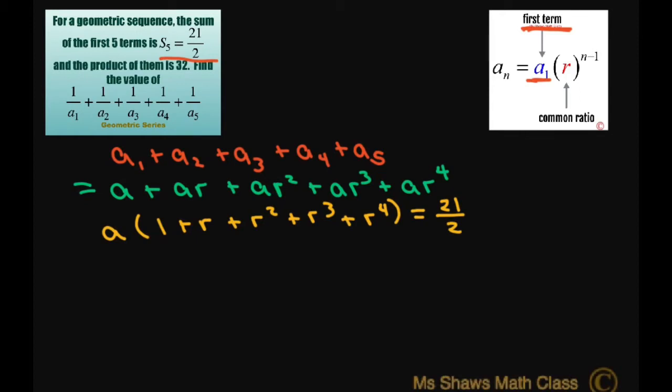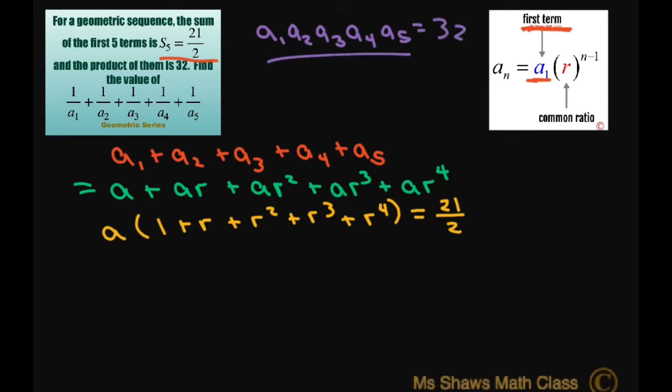We know the product of the first 5 terms: A sub 1 times A sub 2 times A sub 3 times A sub 4 times A sub 5 equals 32. Now I'm going to rewrite those as well.